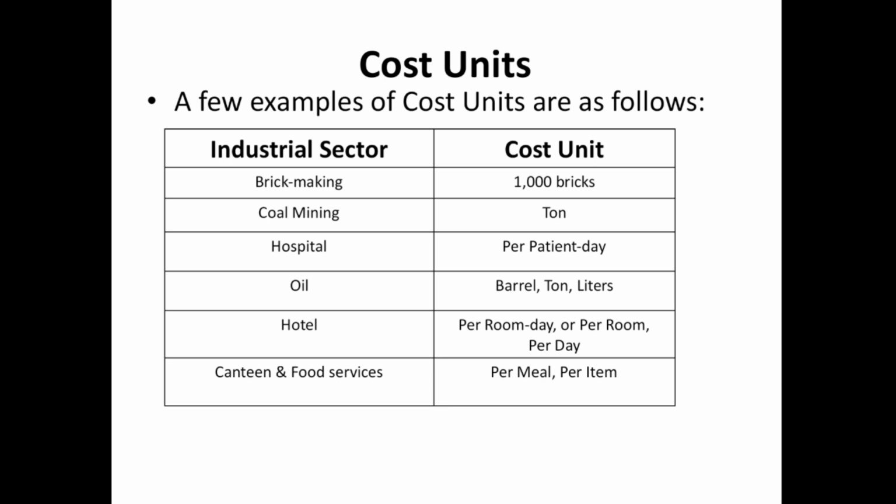Therefore, cost unit is sometimes a combination of time, value, volume, weight, or the number of units produced, such as in the automobile industry or industries in which homogeneous goods are produced.